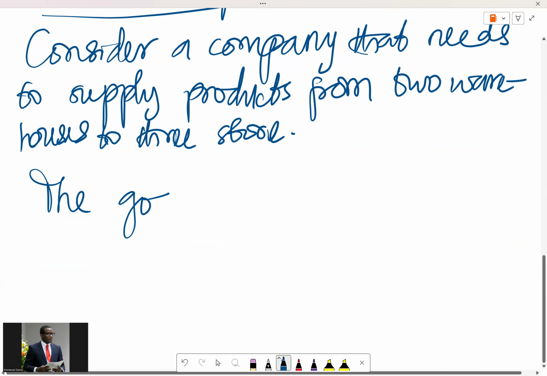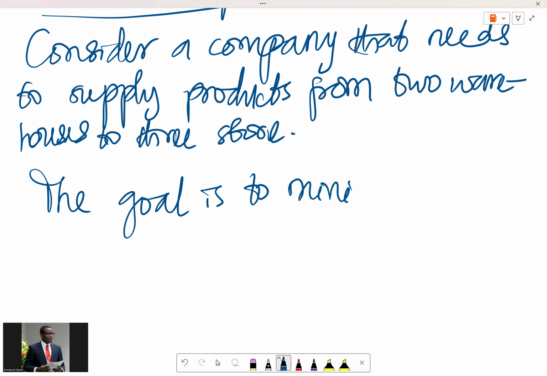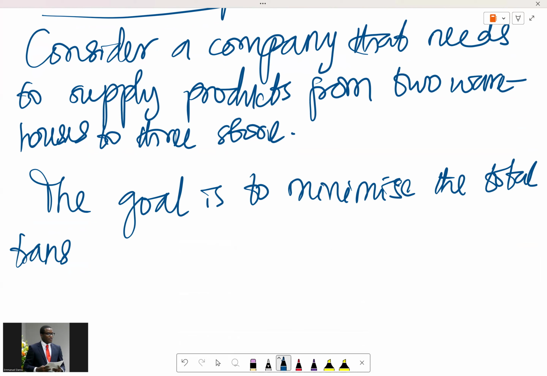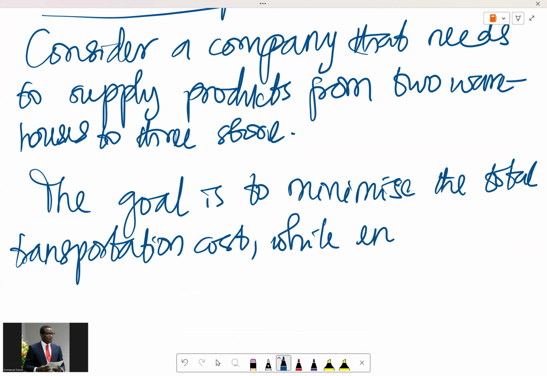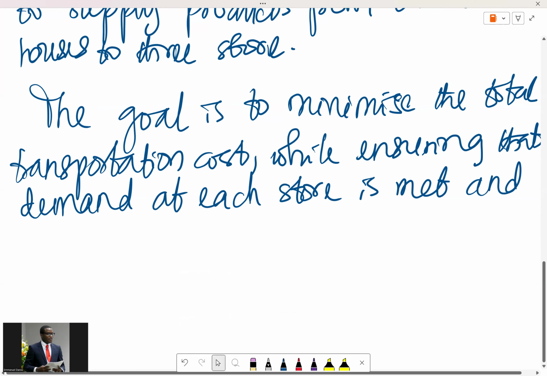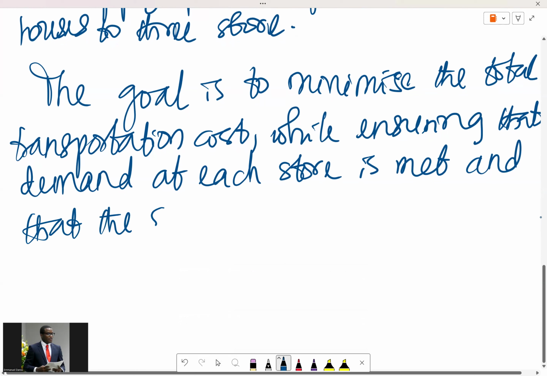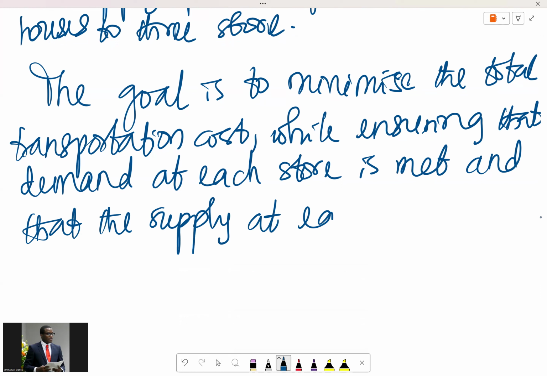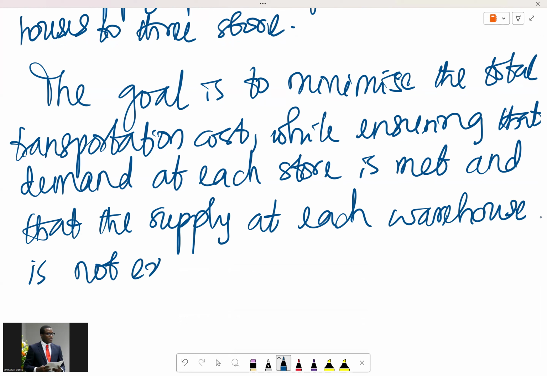The goal is to minimize the total transportation cost, while ensuring that demand at each store is met, and that the supply at each warehouse is not exceeded.